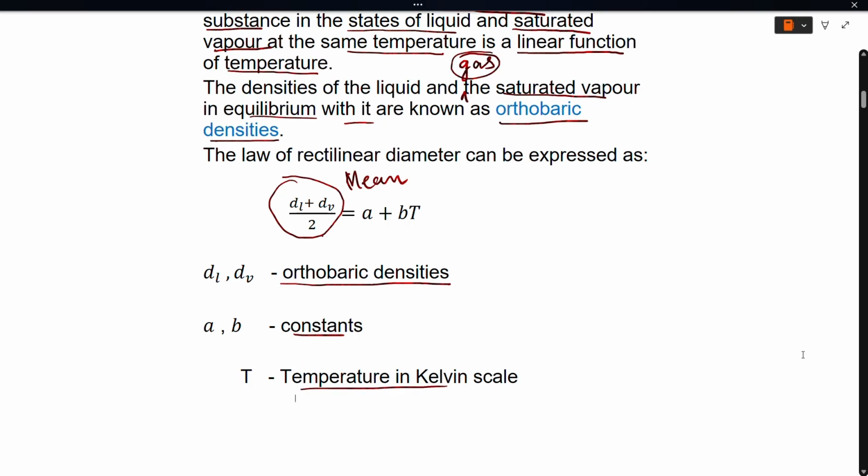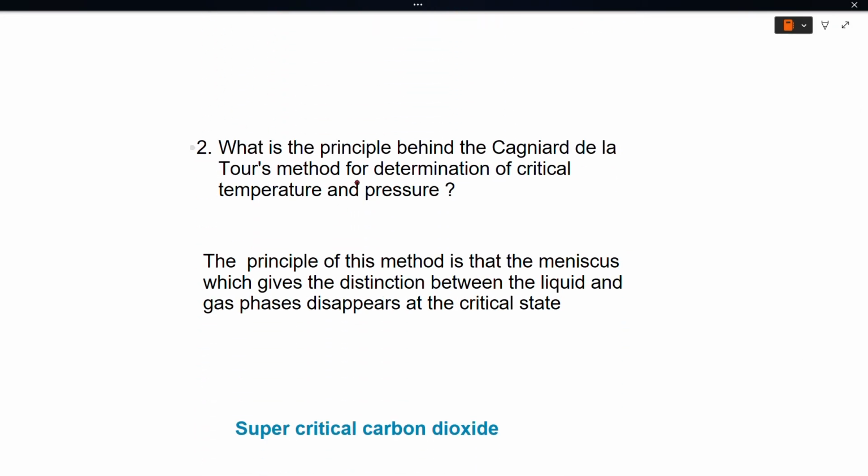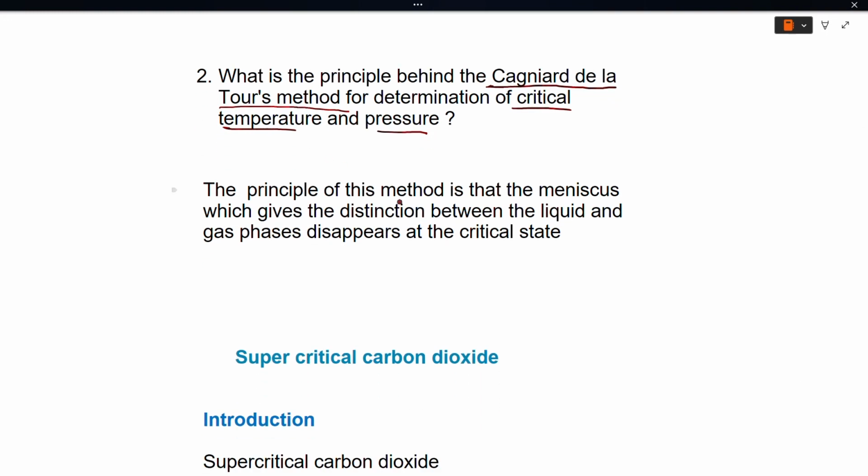Now let's move on to the second question, which is given as assignment. What is the principle behind the Cagniard-de la Tour method for determination of critical temperature and pressure? In the last session, we have seen the experimental method to determine the critical temperature and pressure, and the principle behind that is that the meniscus, which gives a distinction between liquid and gas phases, disappears at the critical state.